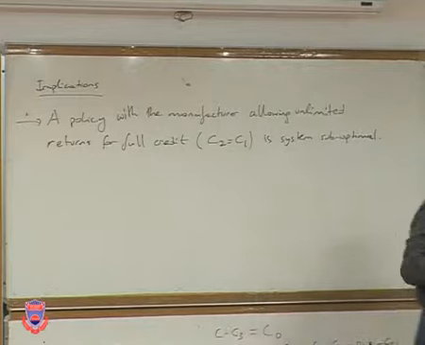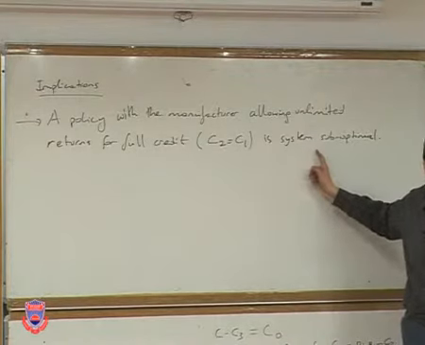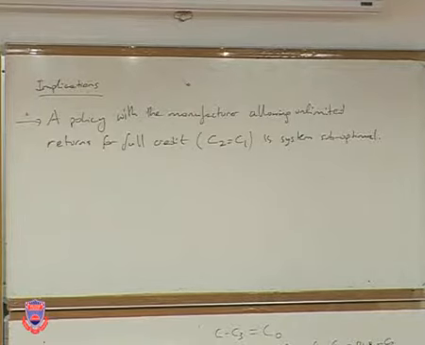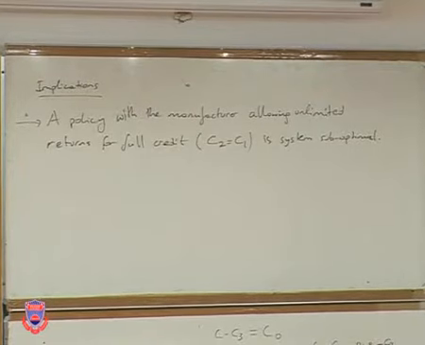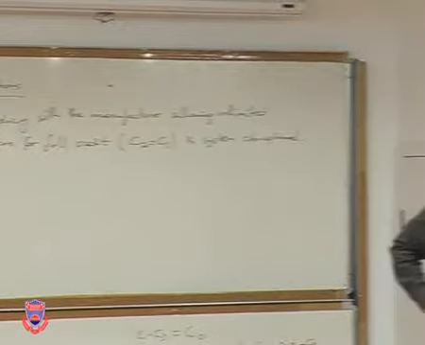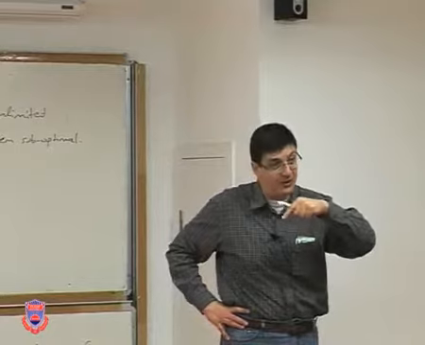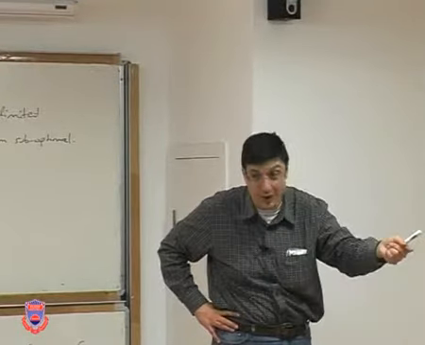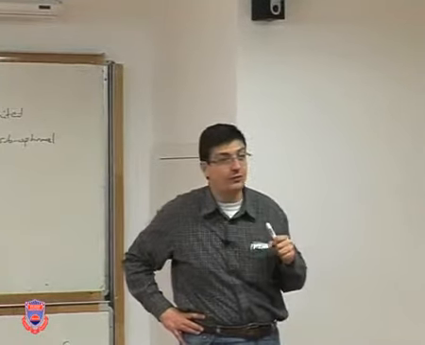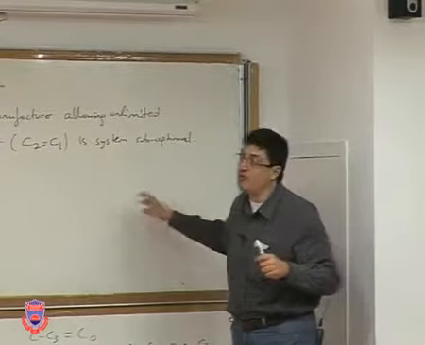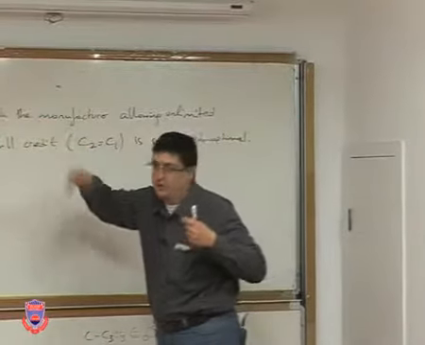Now, this policy is actually the policy which is used by printing houses like newspapers. For example, if you are a retailer, a news vendor, all the newspapers that come forth in that day are going to be returned for full credit. So you see that actually this is system suboptimal given, of course, the structure that we have here.